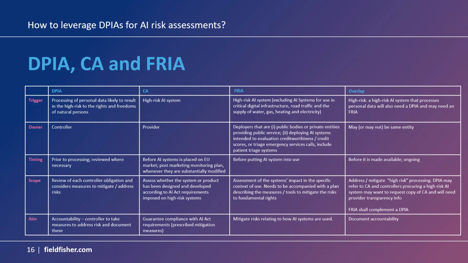So for example, under Article 27 of the AI Act, it requires that fundamental rights risk assessments include, similarly to a GDPR DPIA, a description of the risks of harm and the measures that will be put in place to address these risks. Similarly, also, some of the content in a DPIA will be covered in the technical documentation of a high-risk system, which developers will have to take into account when carrying out the conformity assessment. So controllers who are also developers preparing such technical documentation will be able to leverage the information gathered.